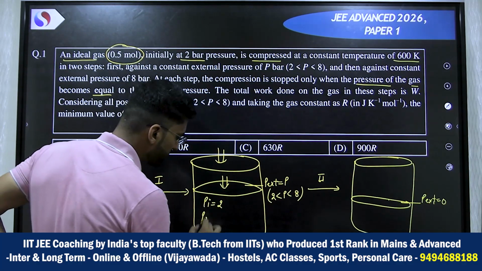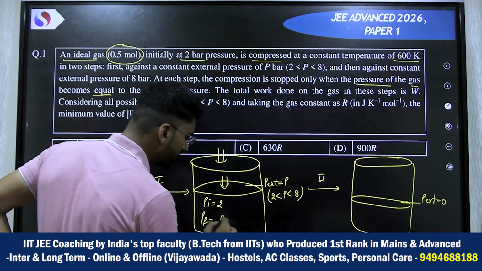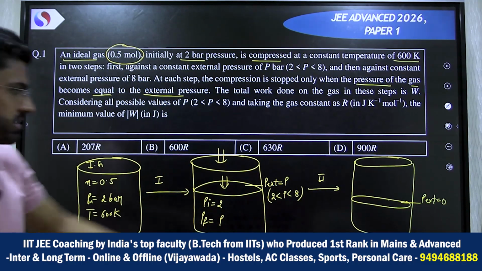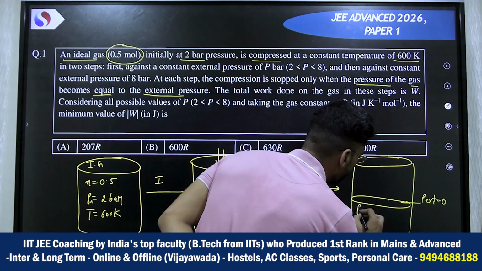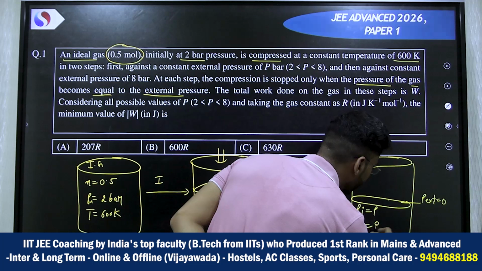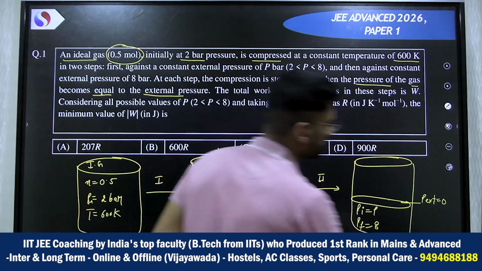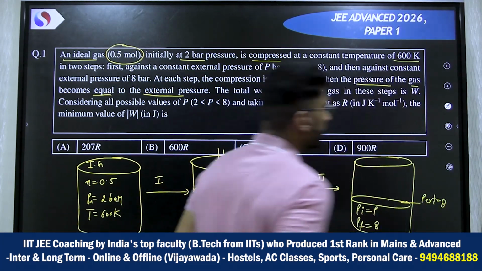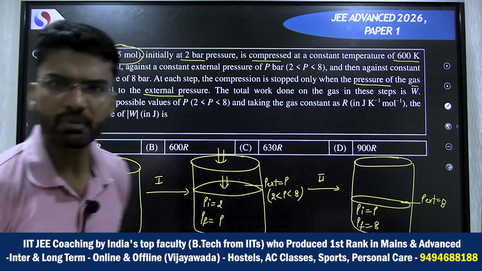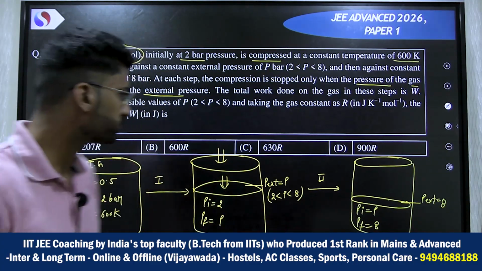So the final pressure will be equal to P, because it will be equal to the external pressure, and then it will be stopped. In the second case, P initial will be equal to P, and P final will be equal to 8, because it will be stopped only when the pressure of the gas equals the external pressure, which is given as 8.